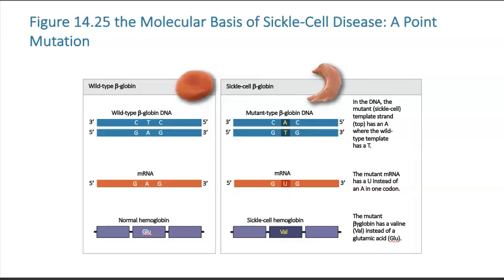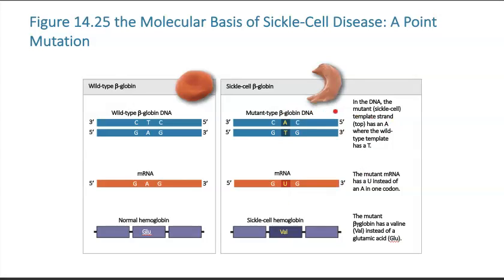It's not necessarily dominant or recessive, it just means more common. At a particular location along the wild type DNA, we have these 3 letters in the coding and template DNA, and the GAG, so that would make this the template and this the coding strand. GAG in the mRNA, and that codes for glutamic acid in the amino acid sequence of the protein.